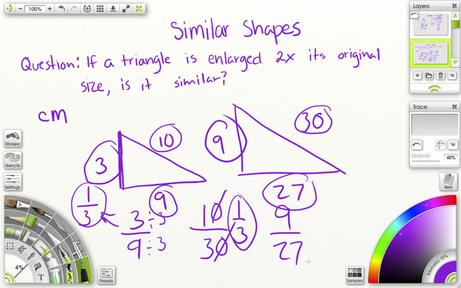I can divide 9 by 9, and I can actually divide 27 by 9 as well. Because I know my times tables, that 27 can be divided by 9. 9 divided by 9 is 1. 27 divided by 9 is 3. Oh, would you look at that? 1/3, 1/3, and 1/3.